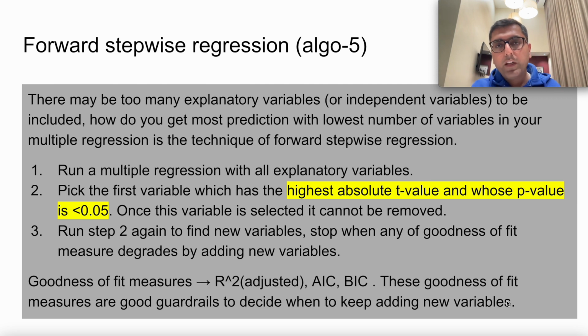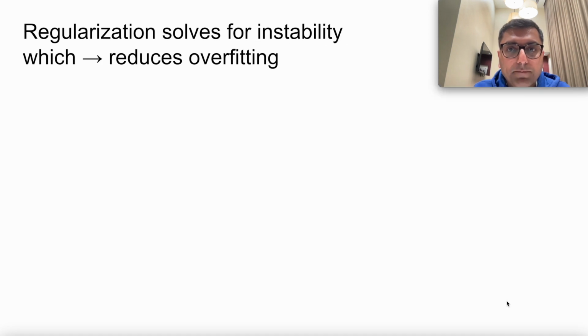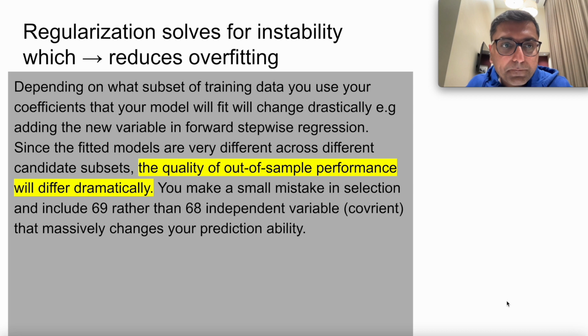You can use guardrails: R squared should be improving, adjusted R squared should be improving, and you continue to get lower AIC and BIC values. These are your goodness of fit measures. So very quickly you can get combinations of variables that help you predict with the least number of variables and the highest prediction power.